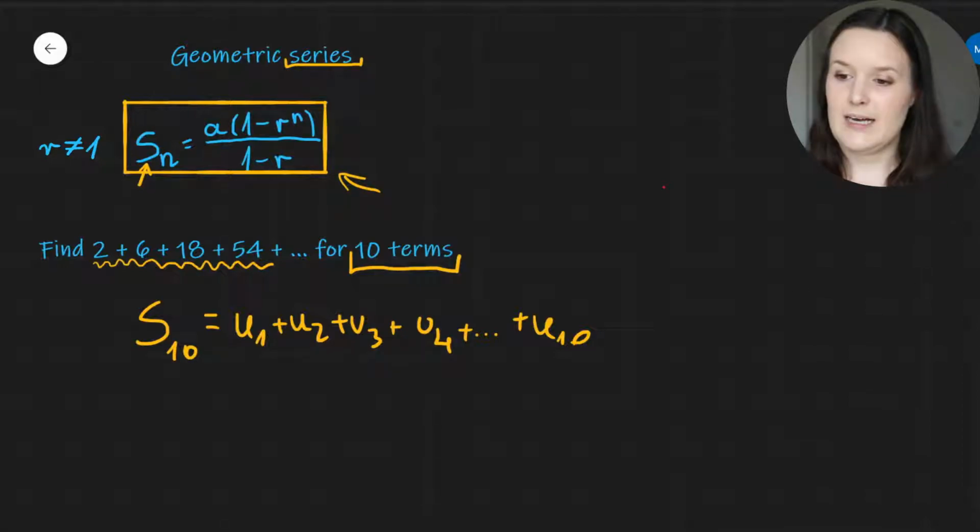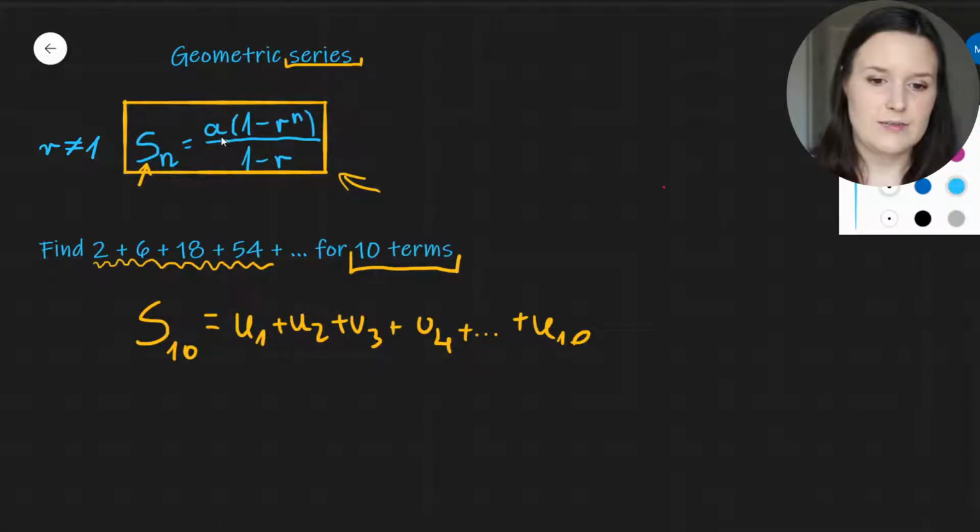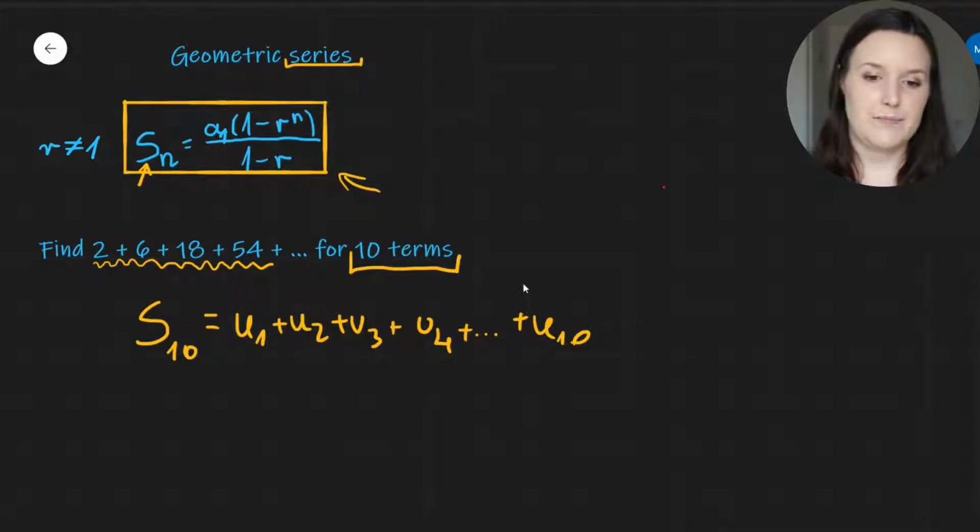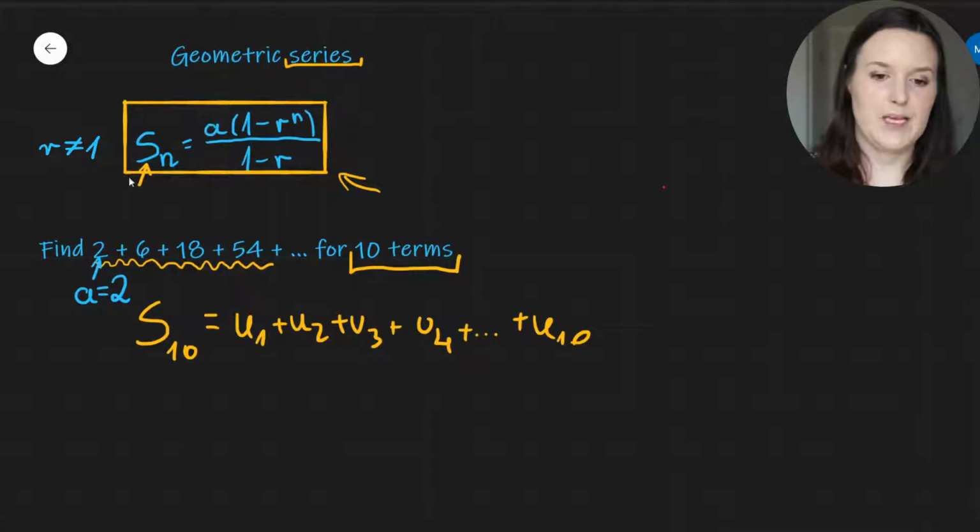In this formula, A stands for A1, so the first term. The first term is, in our case, 2.